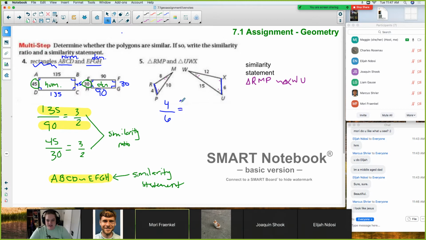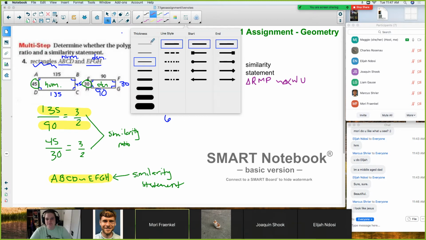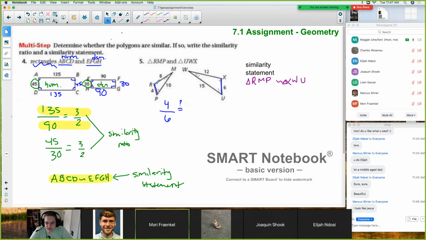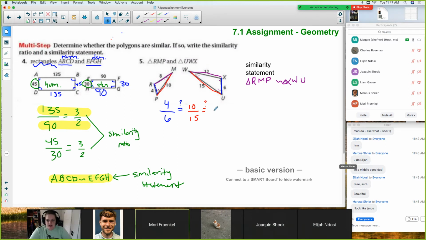And we're going to see if that equals the next setup, which is between the 1 and 2 tick mark side. And so we have a proportion of 10 over 15. And we're trying to see if that also equals the last setup, which would be the 2 tick mark to 0 tick mark side. So 8 to 12.